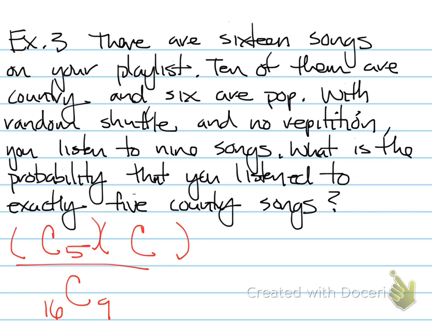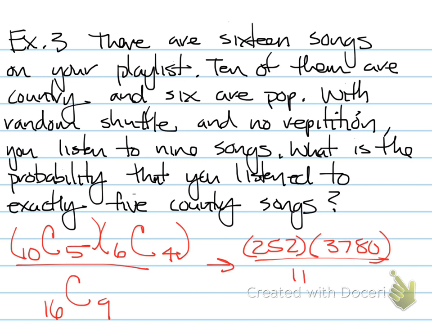First, we're going to choose 5 country songs, and we have 10 country songs to choose from. And that would leave us with 4 pop songs, and we have 6 pop songs to choose from. Calculate all those combinations, multiply the factors in the numerator, divide them by the number of combinations in the denominator, and we get 33.042%.